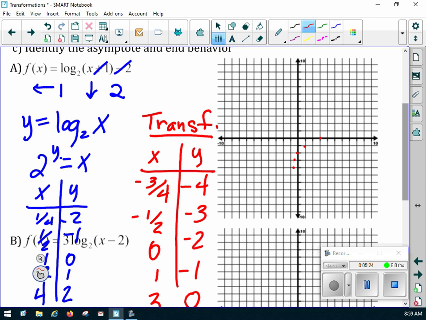No. If I move a vertical line left one, what is my vertical line now? It's not x equals 0 anymore. It's x equals -1. So your vertical asymptote is x equals -1. You're going to dot that in, and then you're going to draw your logarithm. And there's your logarithm.